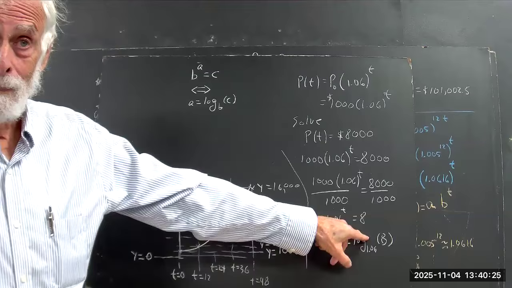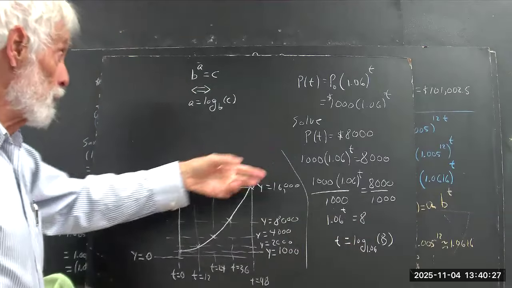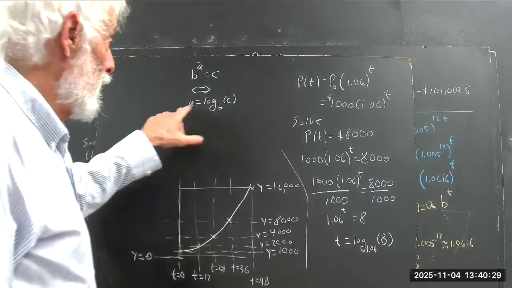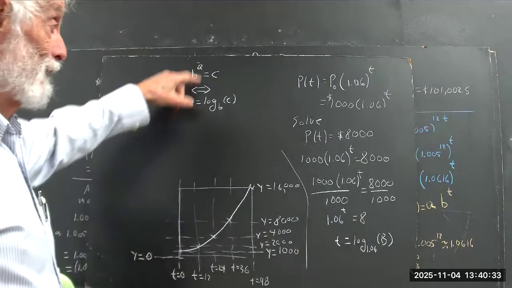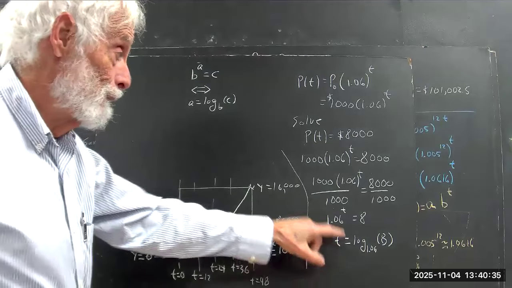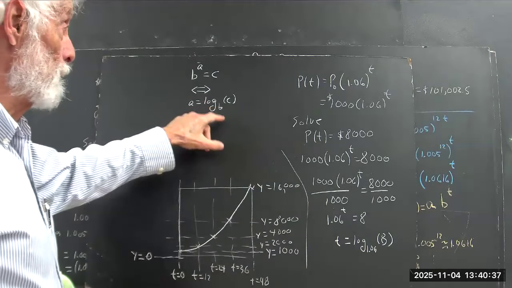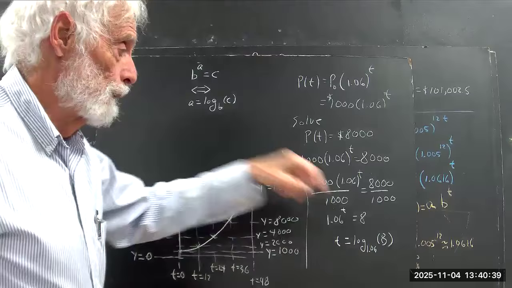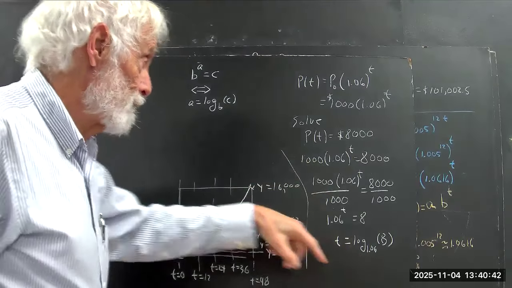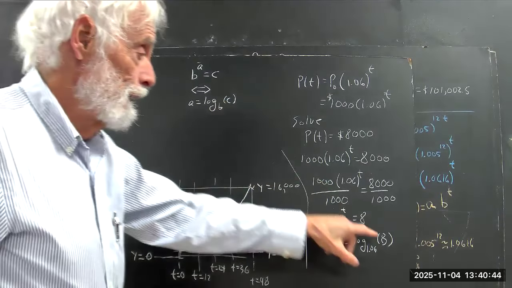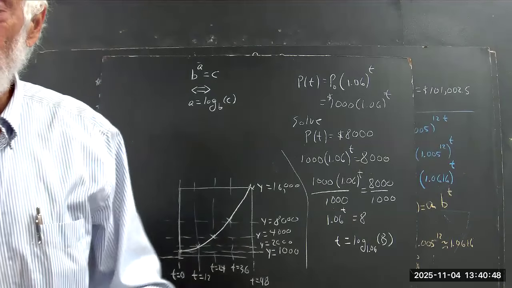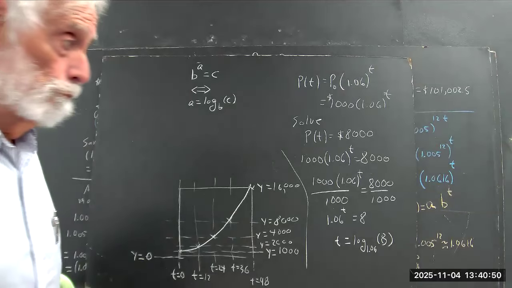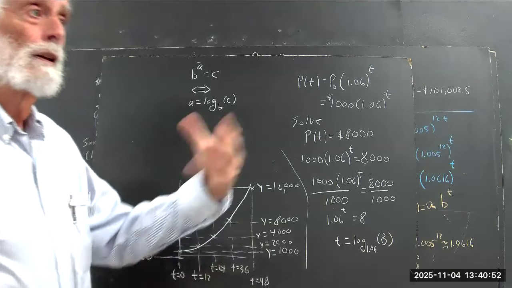So I can rewrite that. A, which is t, your exponent, t equals log base b, b is your base 1.06, there it is, and c is 8.